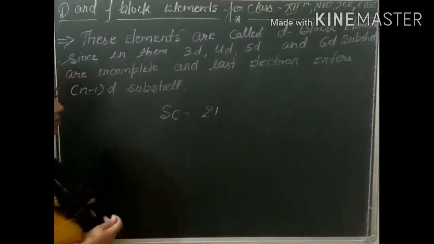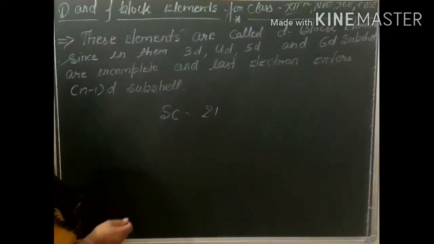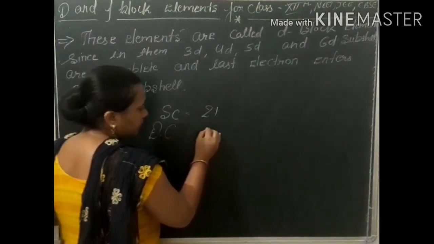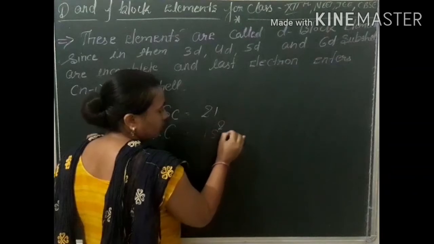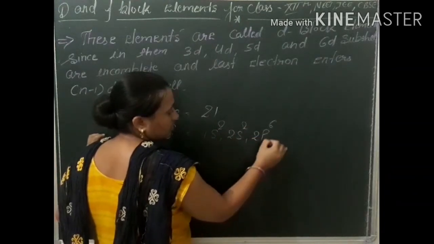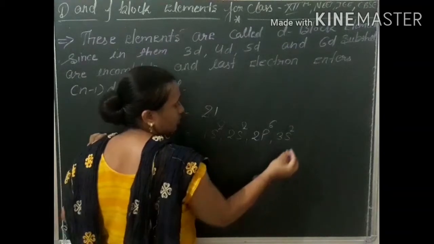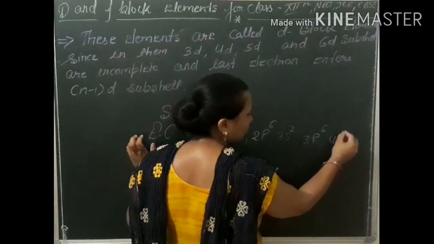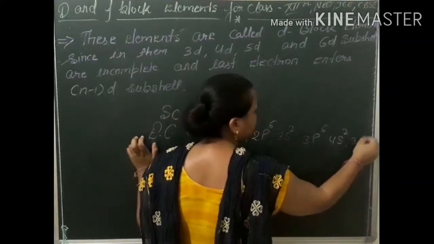The electronic configuration is 1s2, 2s2, 2p6, 3s2, 3p6, 4s2 and 3d1.